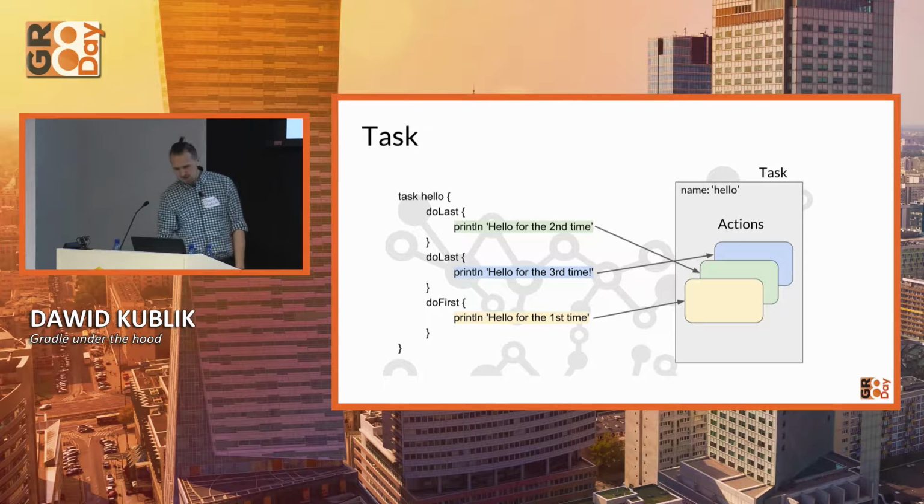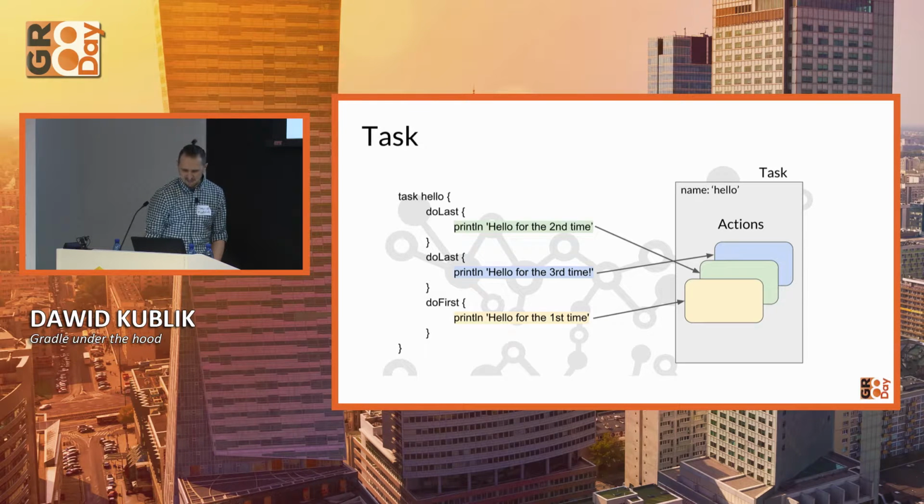So what we are doing here is actually creating a task with some name, and we are defining some actions that this task should perform. So tasks normally perform one or more actions, and those actions are just collections of things to do. So what I'm saying here is create some task, then define the action, and the action would be to print some message, and I'm telling the Gradle script that I want to put this action at the end of my actions collection.